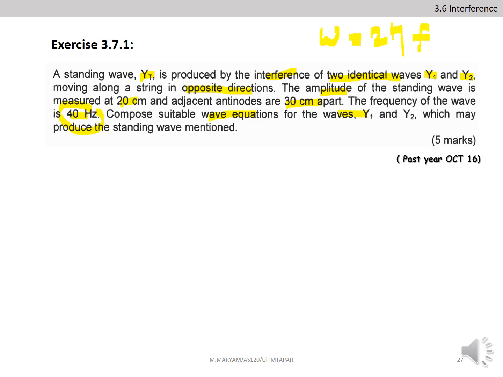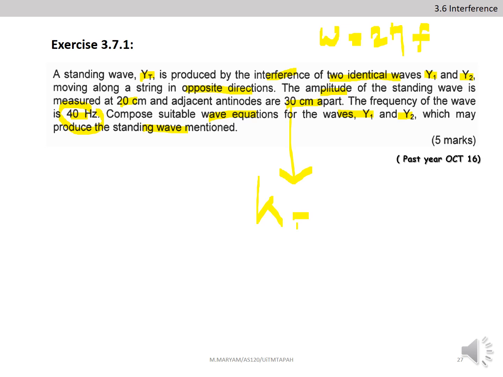Then compose suitable wave functions y1 and y2 which may produce this standing wave. This is the total, and the amplitude is already given as 20 cm. The frequency we can find, and from the adjacent antinodes here we can find the value of k.